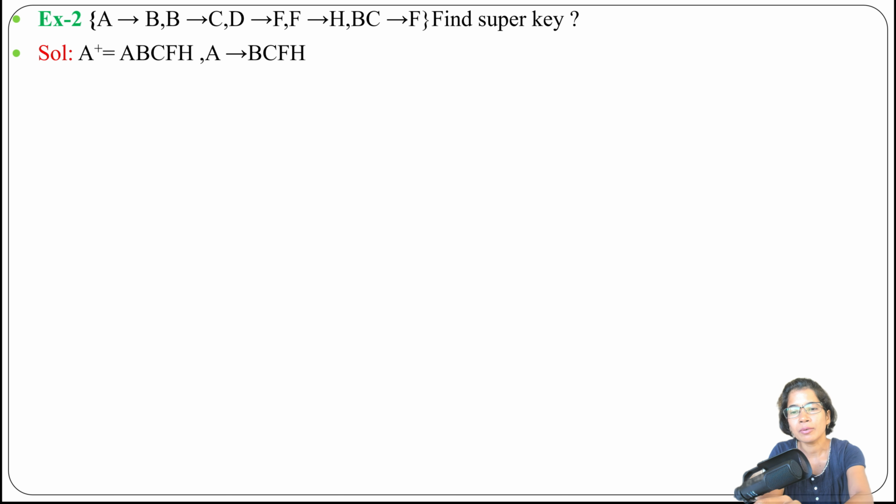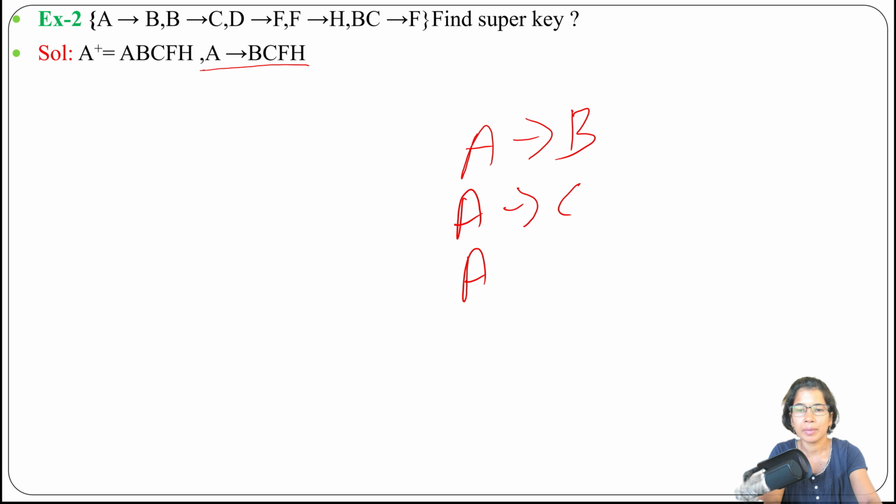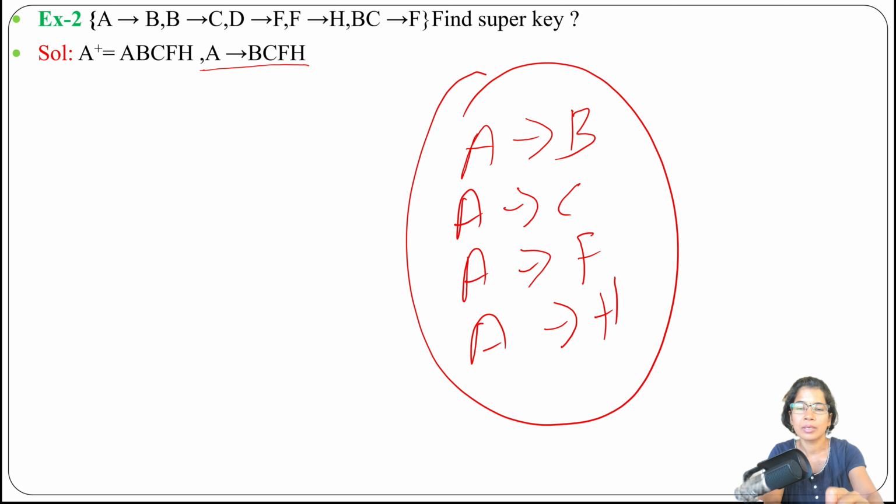And A positive closure equals A, B, C, F, H means from A we can imply B, C, F, H. So this also holds. Means we can write A implies B, A implies C, A implies F, A implies H. So all these hold.